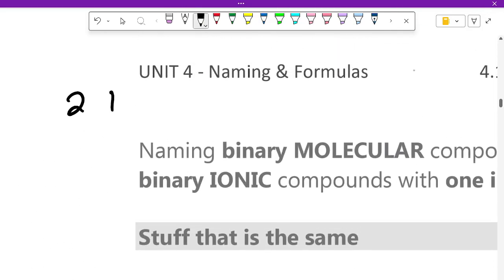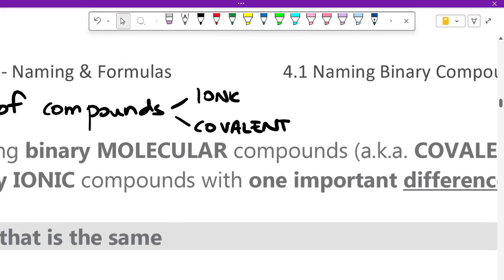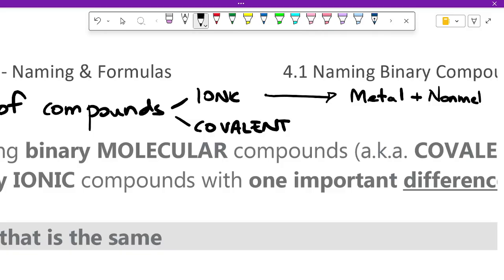What are the two types of compounds? Ionic and covalent. What is ionic made of? Metal plus nonmetal. What is covalent made of? Nonmetal plus nonmetal.